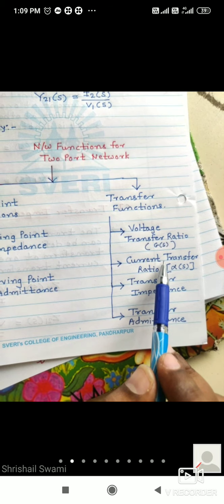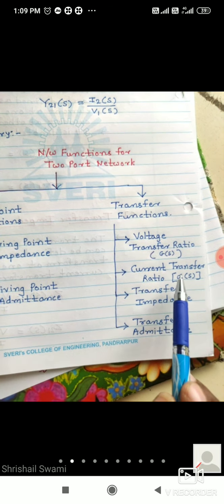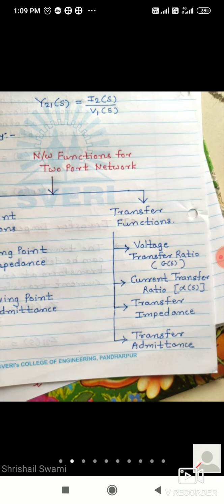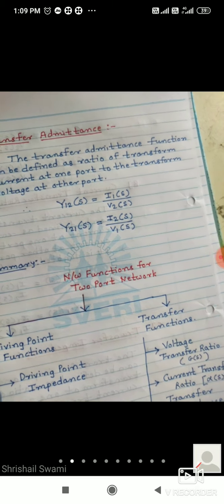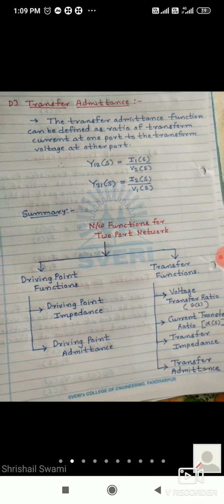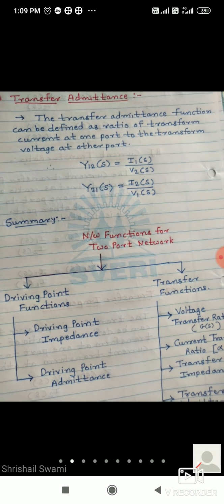Only these two will be the new one, that is G of S, voltage transfer ratio, alpha of S, that is the current transfer ratio. So any doubt in this bit? Any doubt? All these. So these all are the definitions related to what? The network functions for a two-port network.